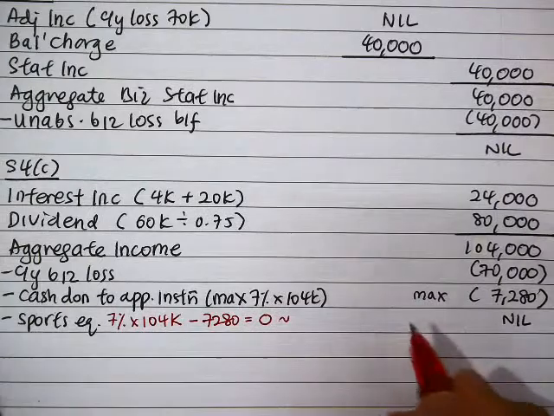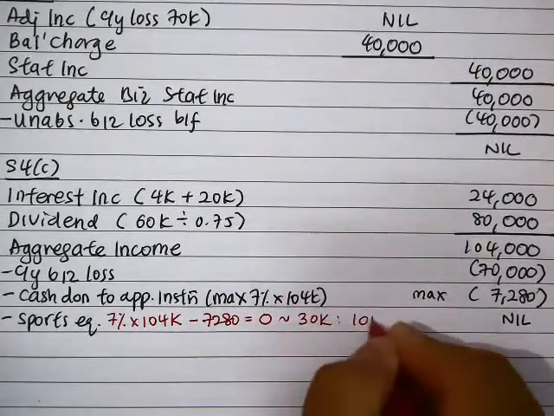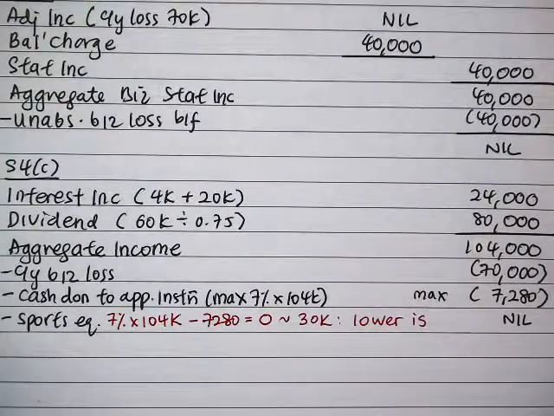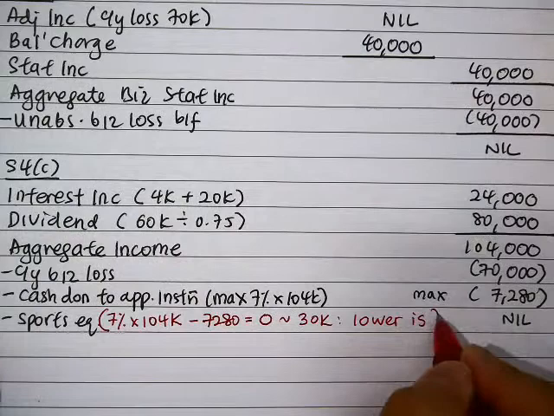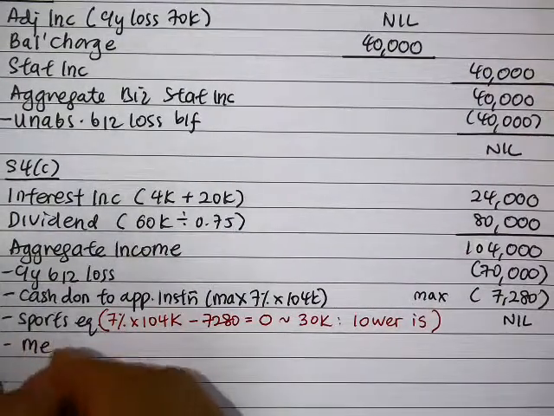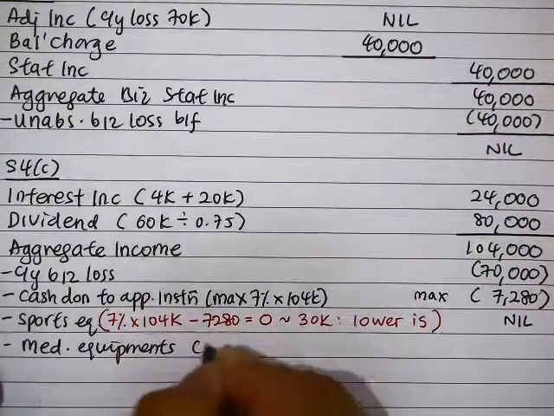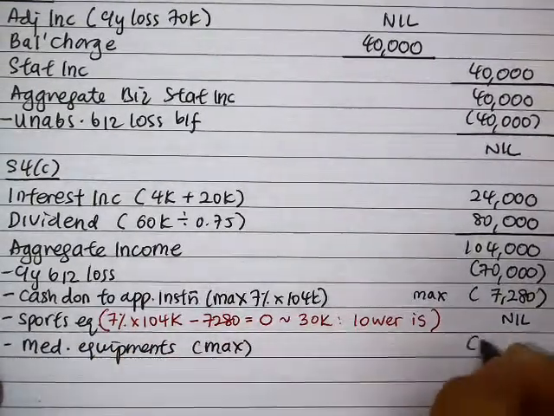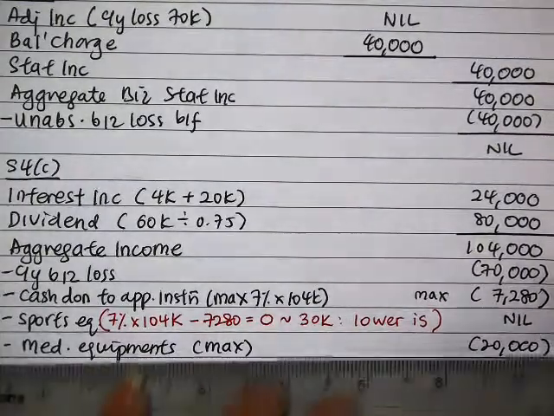And we compare with the value of your sports equipment, which is 30. That's why lower is 0. Okay, so this is how we determine how much you're going to claim. Okay, right, medical equipment maximum 20.